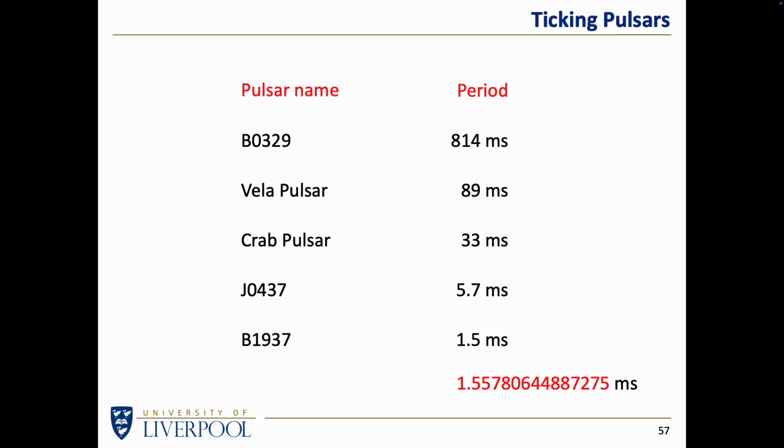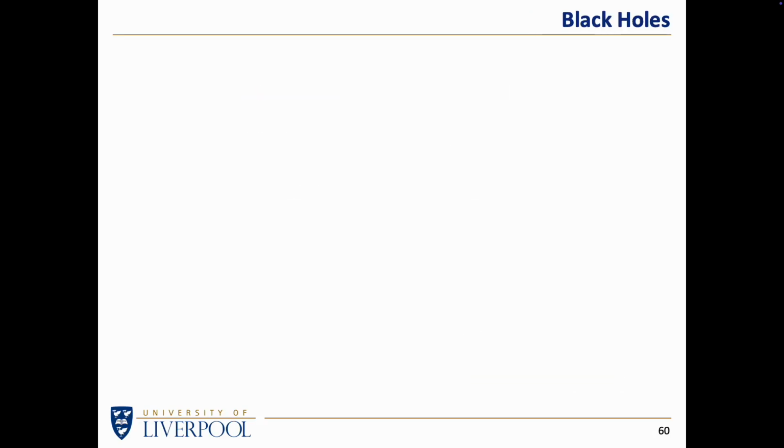And so if we check the timing of pulsars in different parts of the sky, we can work out whether gravitational waves are moving through the region between us and the pulsar. So different aspects of research are being done using pulsars as very accurate timekeepers.